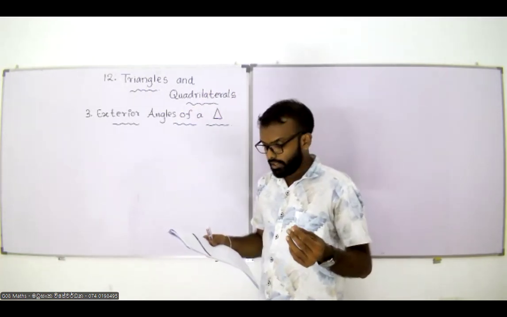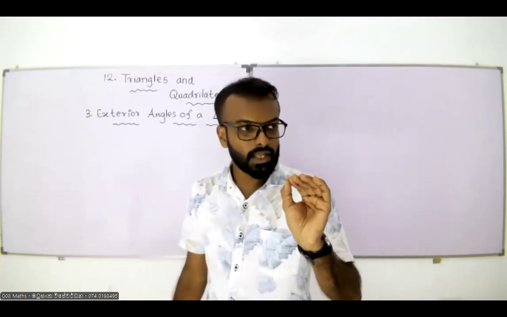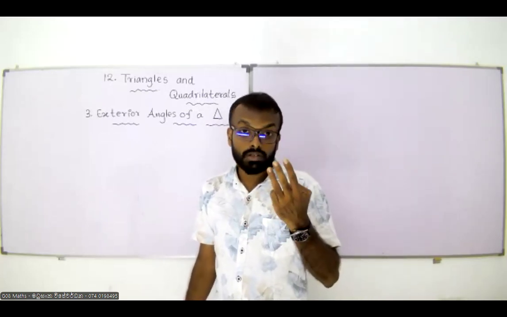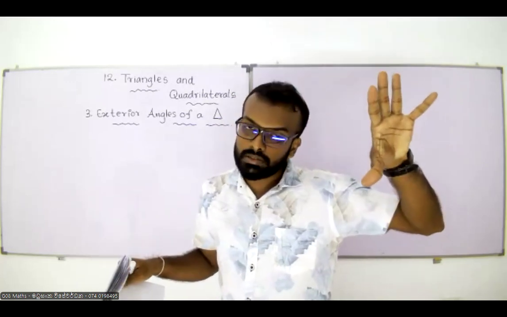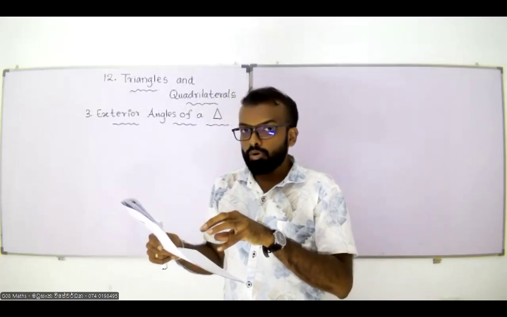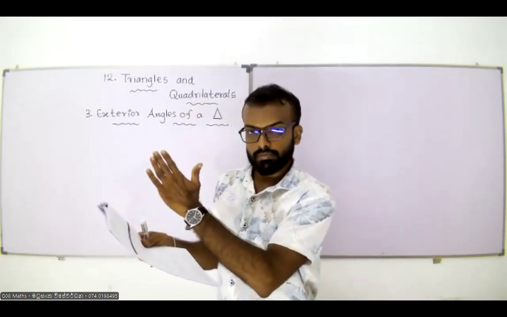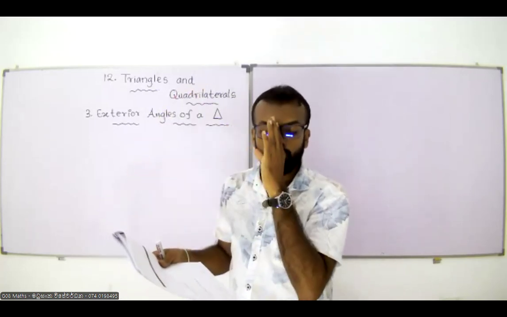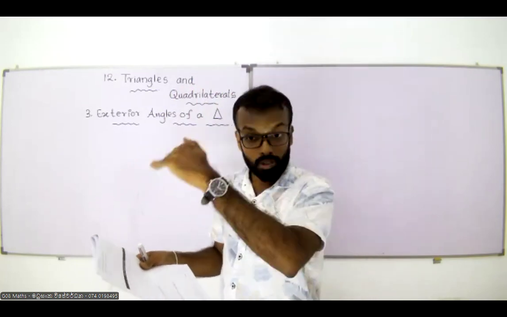you know that a triangle has three vertices and three sides. So if you have three vertices, you can draw in the same order. By using the same order of a triangle, you can draw three exterior angles.